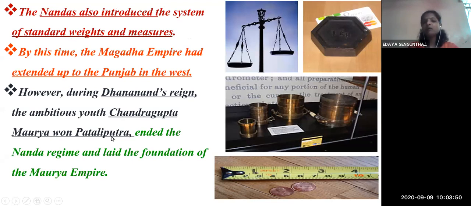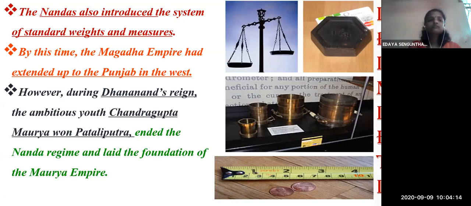Patliputra was their capital. So Chandragupta Maurya won Patliputra at the time of King Dhananand, and the Magadha empire declined at the end of the Nanda regime, and laid the foundation of the Mauryan empire. From there, the Mauryan empire started and the Nanda regime ended.